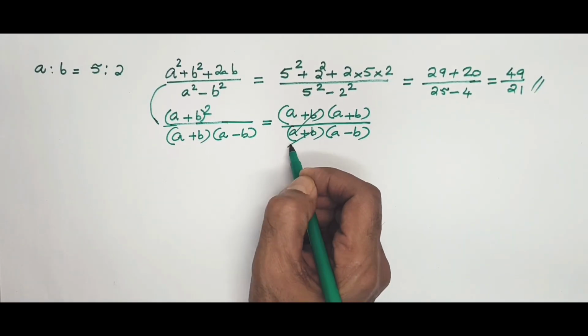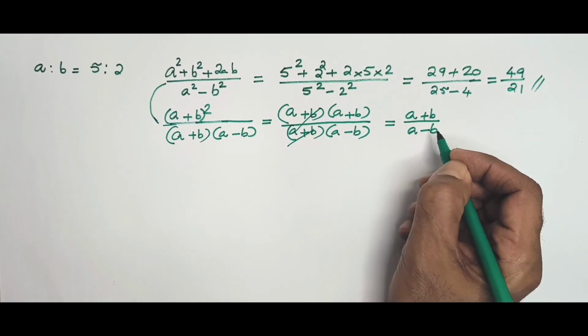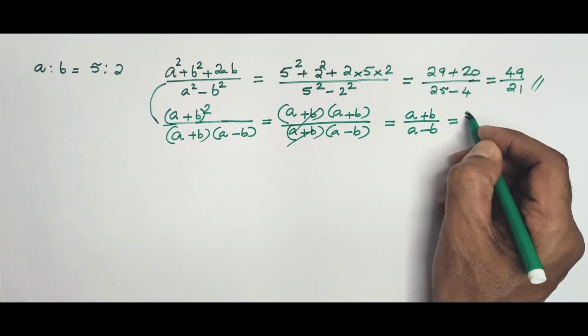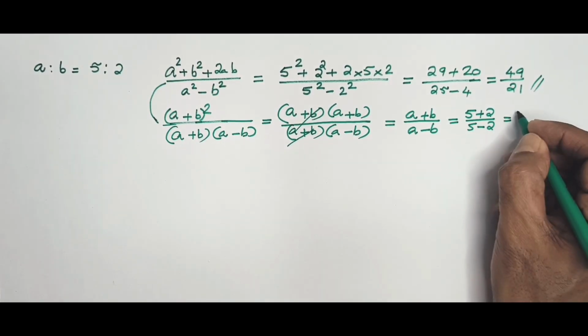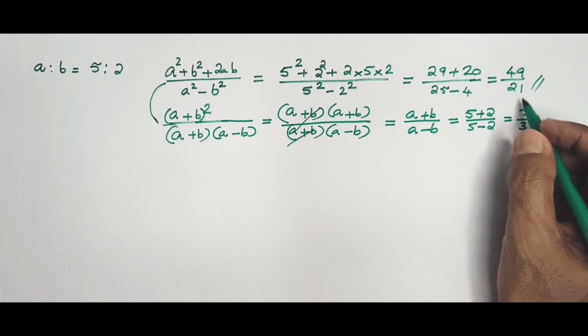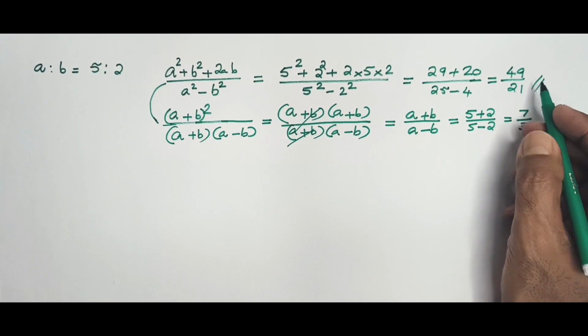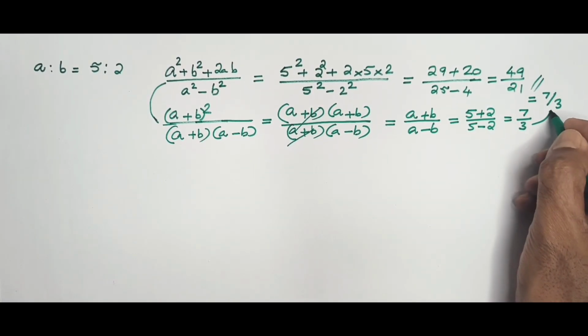These two you can cancel and you will get a plus b divided by a minus b. And then you substitute a as 5 and b as 2. You get 5 plus 2 over 5 minus 2 equals 7 by 3. In fact, this we could have simplified further. In 49 and 21, 7 is common and you will get 7 over 3. See, you're getting the same answer.